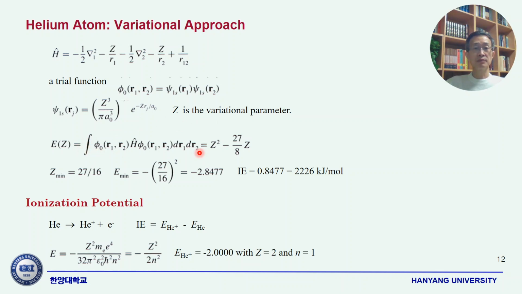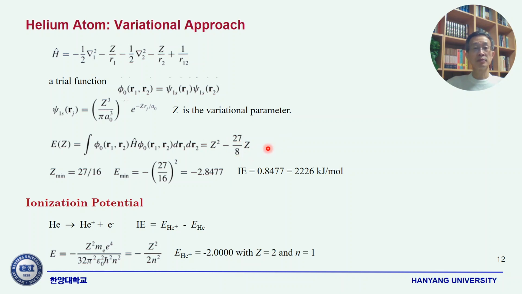We obtained this before by using this orbital product wave function, which was Z squared minus 27 over 8 Z. If you take the derivative of this energy with respect to Z, then you get 2Z minus 27 over 8 equals 0.